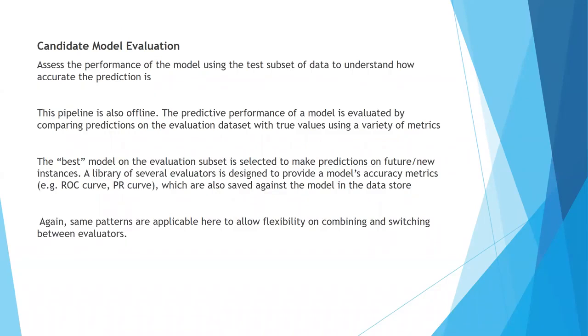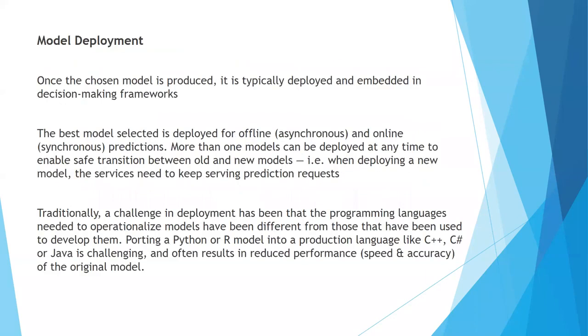Like the ROC curve, PR curve, AUC curve. You have metrics like accuracy, loss, error, precision, recall, F1 score, right? So once you build the model and you are cross-validating or testing, you should always test it against various predictors to understand which one is giving better performance so that you select the correct model. And then you deploy the model.